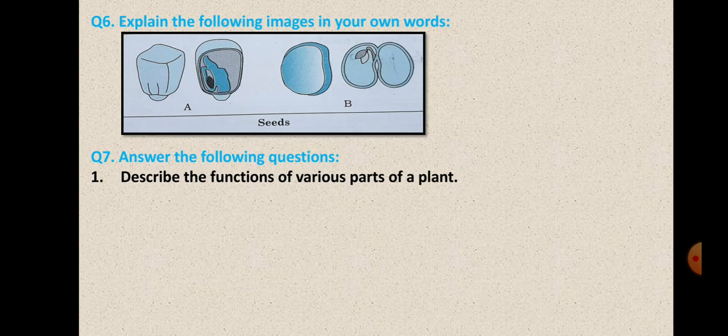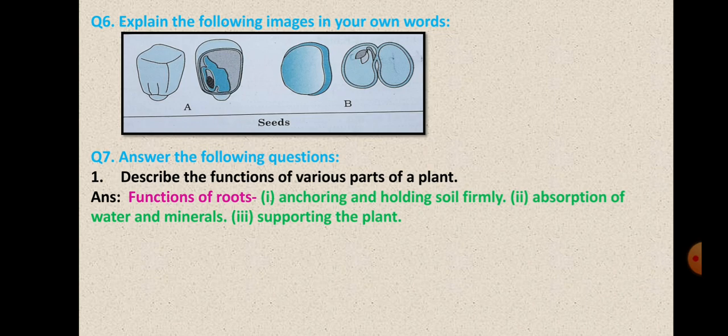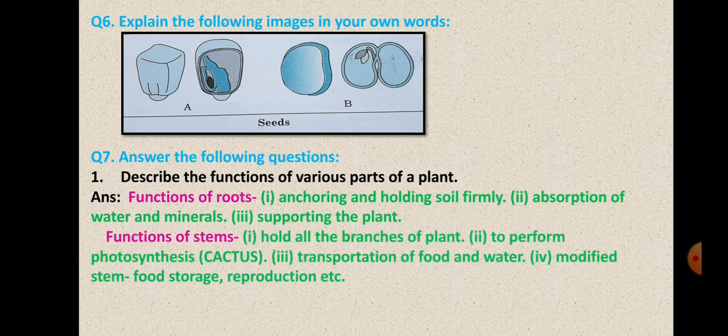Okay, then the next one, answer the following questions. Describe the various functions of parts of a plant. So you have to write about the roots, about the stems, about the leaf, that is on the next part. The first one is functions of roots.